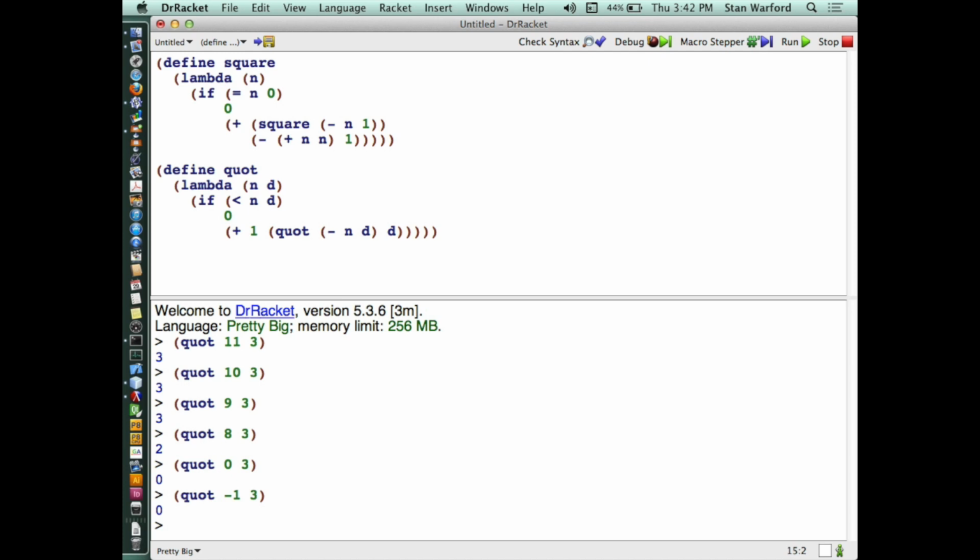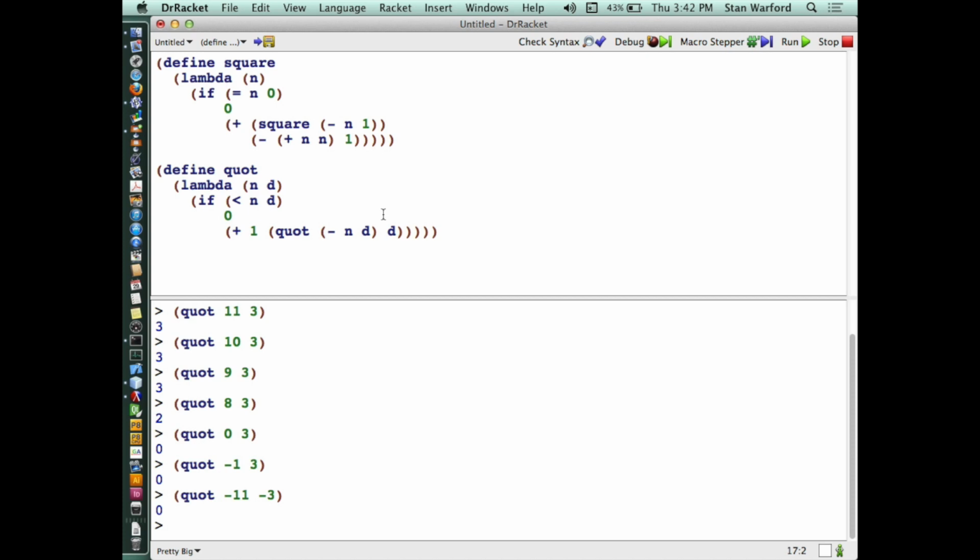In other words, if we did quotient of negative 11, negative 3, that should be positive. That should be 3. Are you with me? So we need to modify this so that it works with negative numbers. Does everybody see what we're saying here?